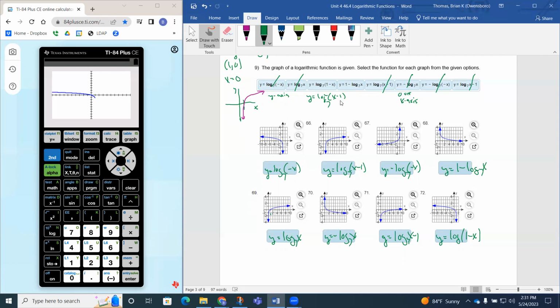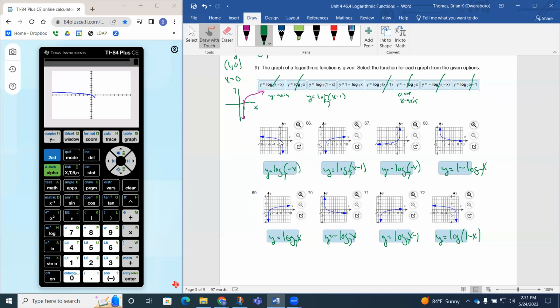So we should be seeing two things. I guess that reflection, so where's the graph of negative x at? So notice how it was at negative 1, 0. So it was moved to the right one, and it's now at 0, 0.